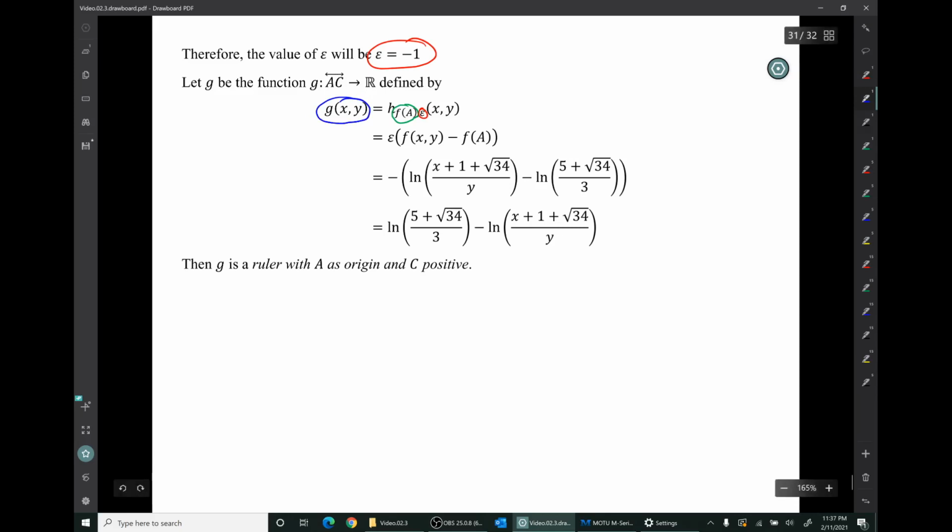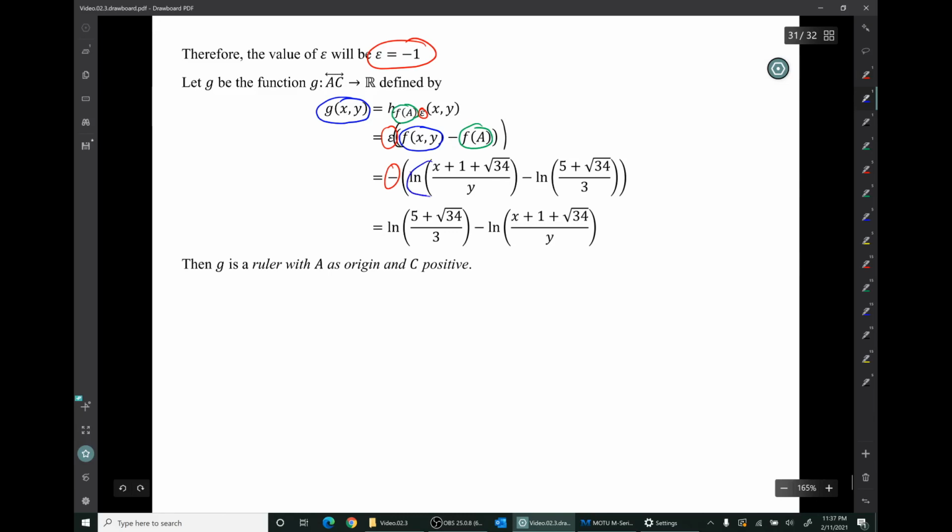So we do the same thing we've always done. We take our formula for f of x,y and we put it there. We take whatever value we got for f of A and we put it there, and then we multiply the difference of those two things by that value of epsilon, whatever we got. Well, so there's a value of epsilon.